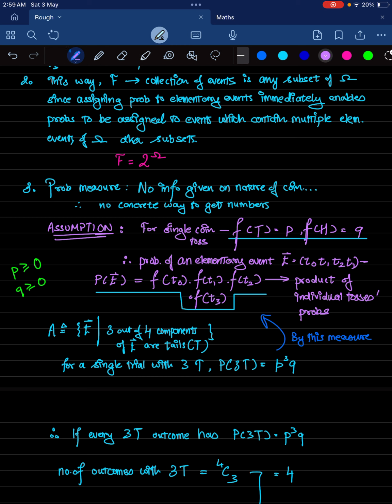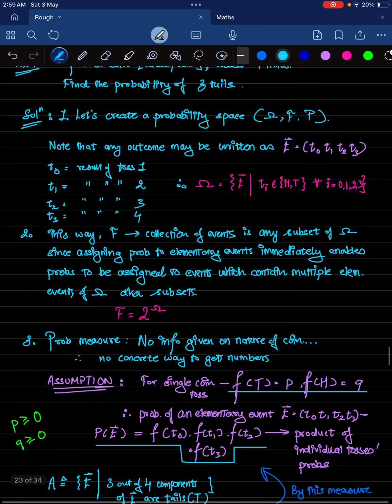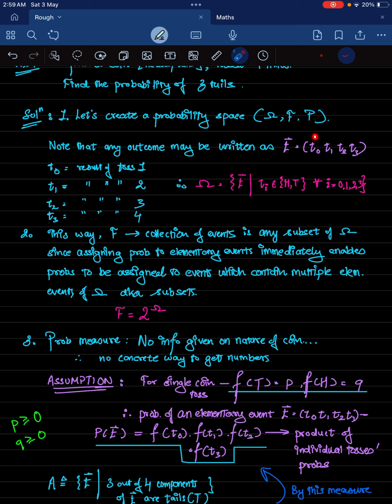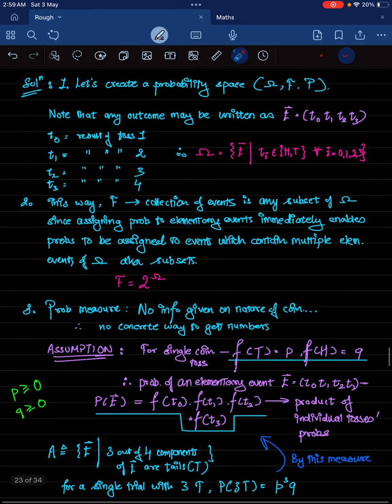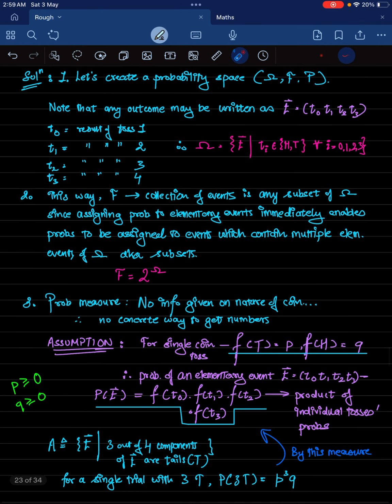Now assume for one single component I have something called an f function. That f function will take either heads or tails, and it will spit out p and q. For tails it will give you p, and for heads it will give you q. Now that's the f function.